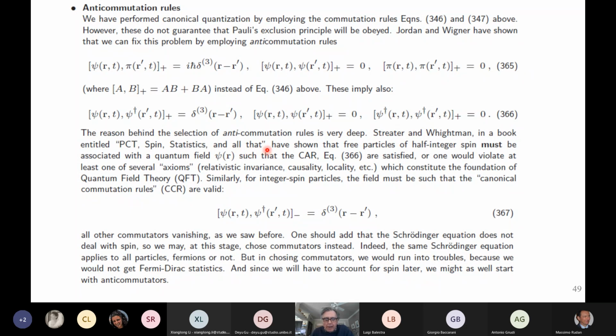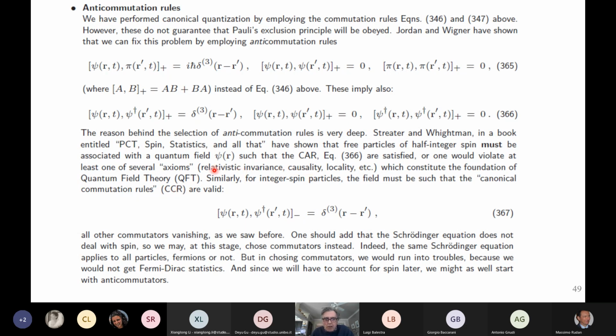They show that particles which have half-integer spin must be associated with, or be elementary excitations of, a field that obeys the canonical anti-commutation rules. On the contrary, particles which have integer spin must be elementary excitations of fields which obey the canonical commutation rules.